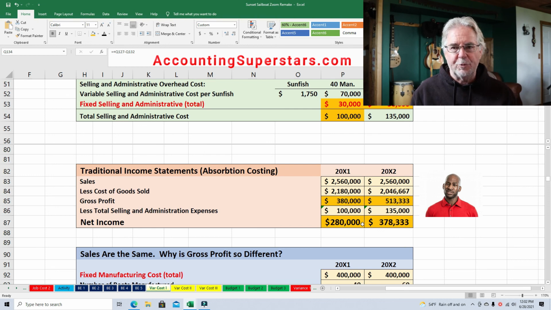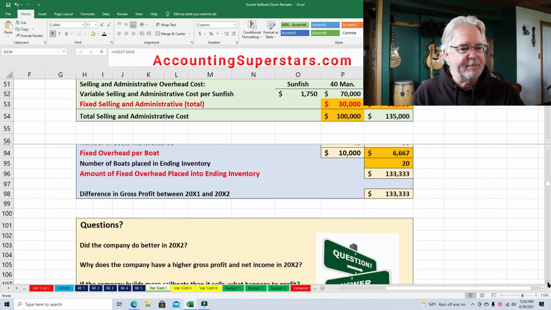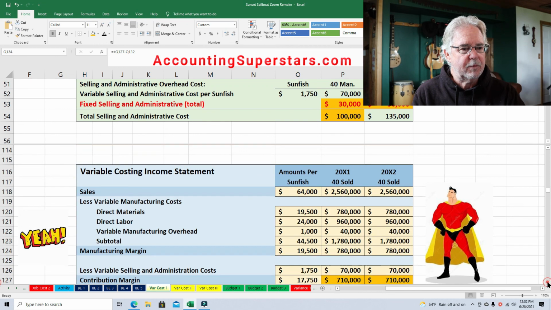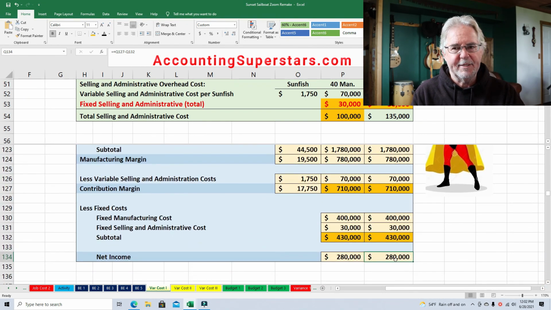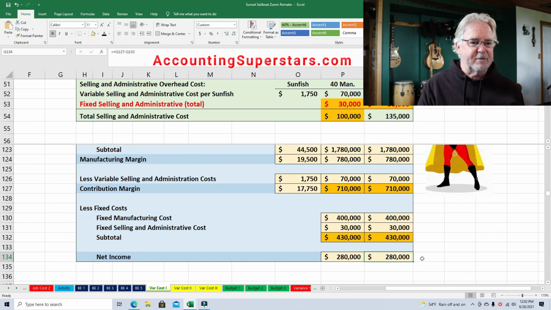And this only happens when you produce more than you sell, because when you produce more than you sell, some of the costs are going into ending inventory. But if we use this variable costing, which I like better, we get the truth. Our net income is identical, which it should be because the two years are identical. I set up the problem that way so they'd be identical.